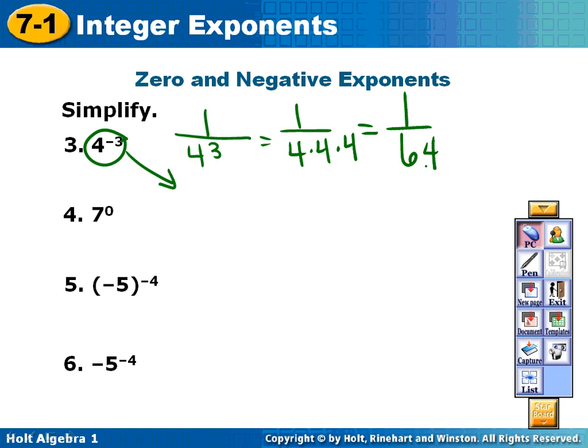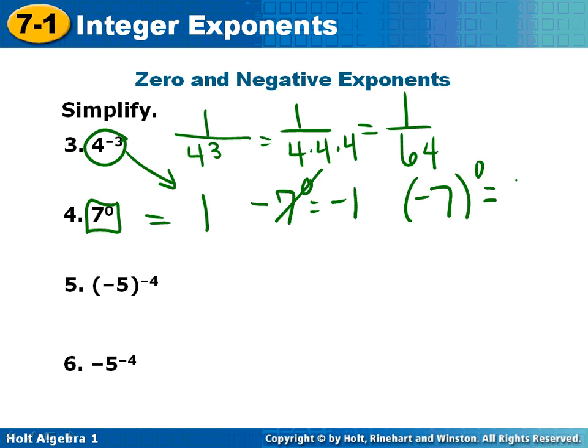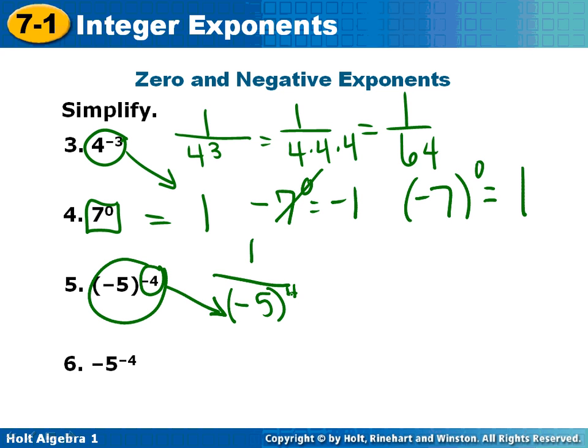Number 4. Anything to the 0 power is equal to 1. Now, if I had negative 7 to the 0 power, that would be negative 1. And if I had negative 7 in parentheses to the 0 power, guess what that would be? Yep, that would be positive 1. Number 5. This negative 4 means that I need to write all of this on the bottom and change it to a positive 4 power.